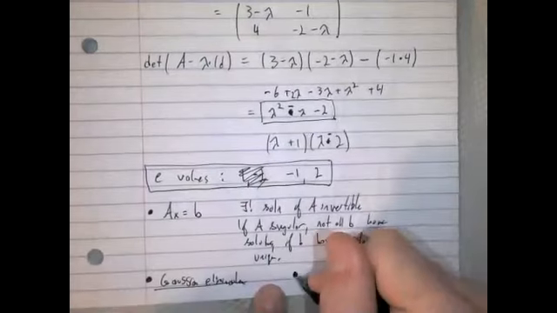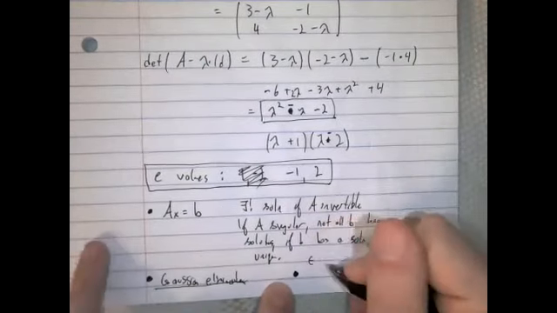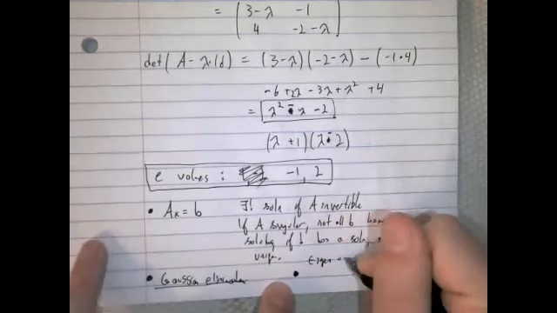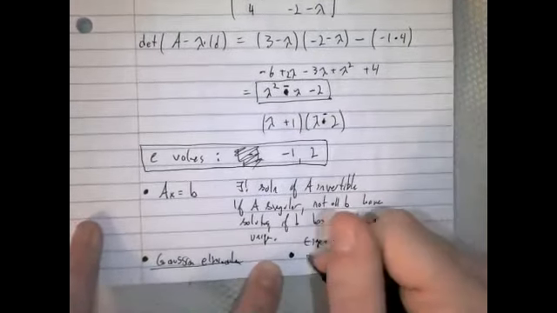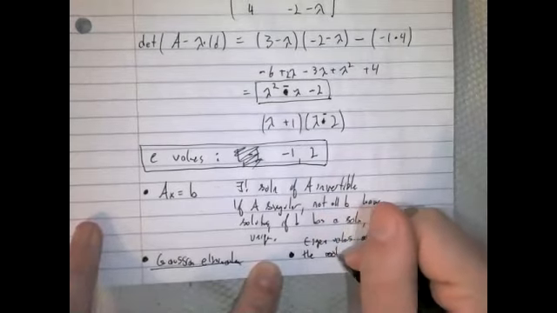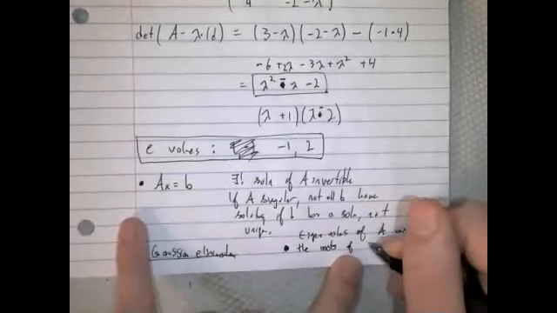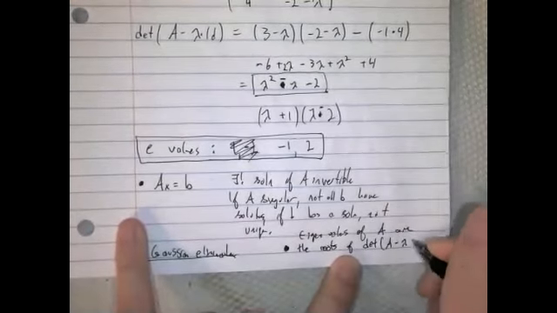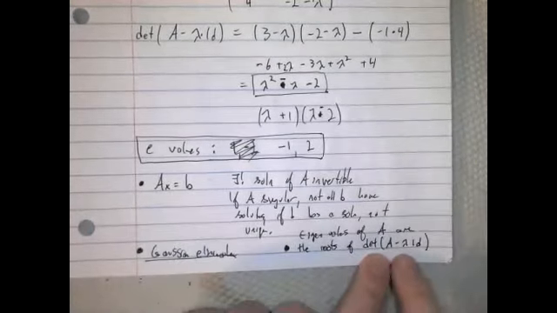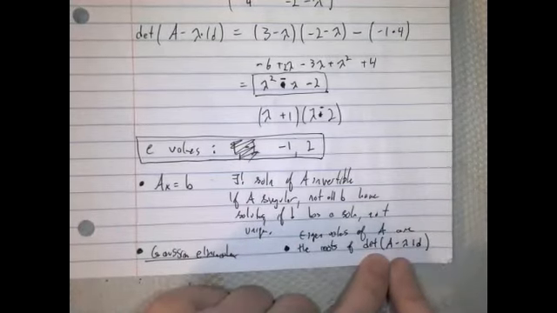And the third piece is the eigenvalues of A are the roots of the polynomial det(A minus lambda times identity). You're going to need to compute this polynomial often.